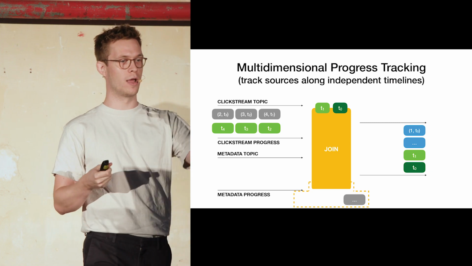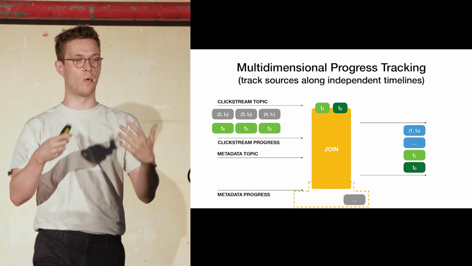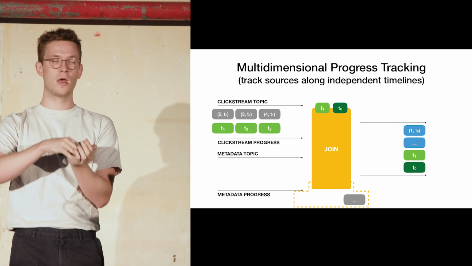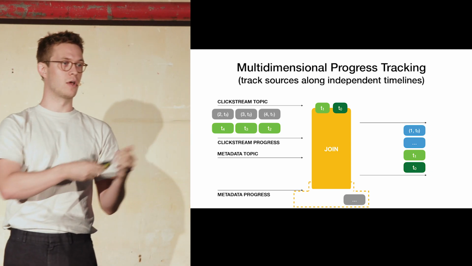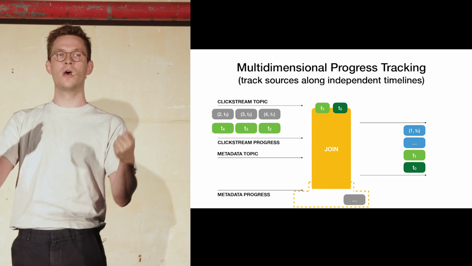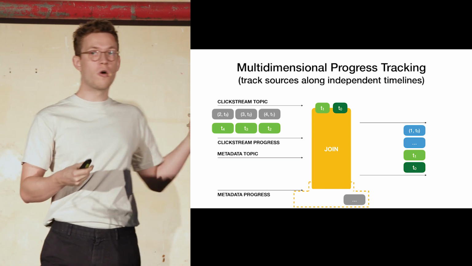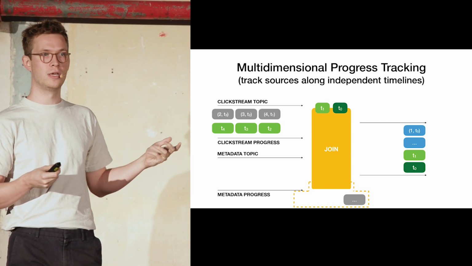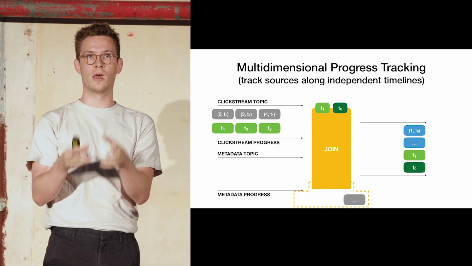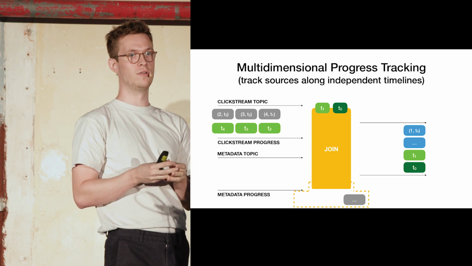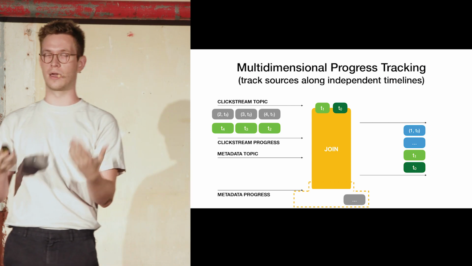So since we're advancing our progress to T1 with our clickstream topic, we can output a correct result for T0. And since our metadata topic holds T0, we can use the combination. And we don't violate our consistency guarantee since this combination is unique. We will never see a combination of T1 and T0 in our system as a result again.